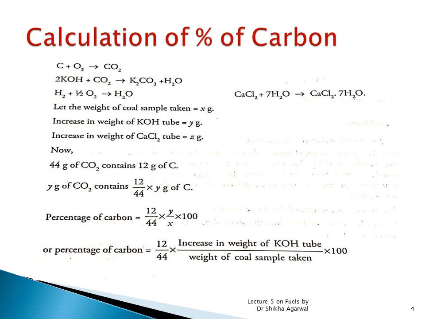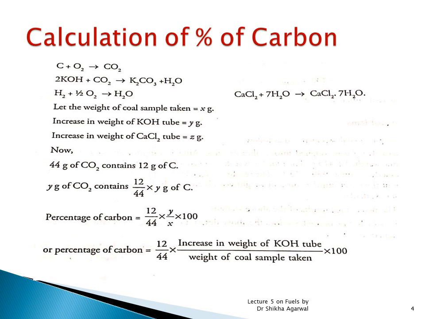Now this is how we do the calculation. Suppose the weight of coal sample is x gram. The weight of the KOH tube, that is the weight of carbon dioxide formed, is y gram. The increase in weight of the CaCl2 tube, that is the weight of water formed, is z gram. Now how do we estimate how much carbon is there?